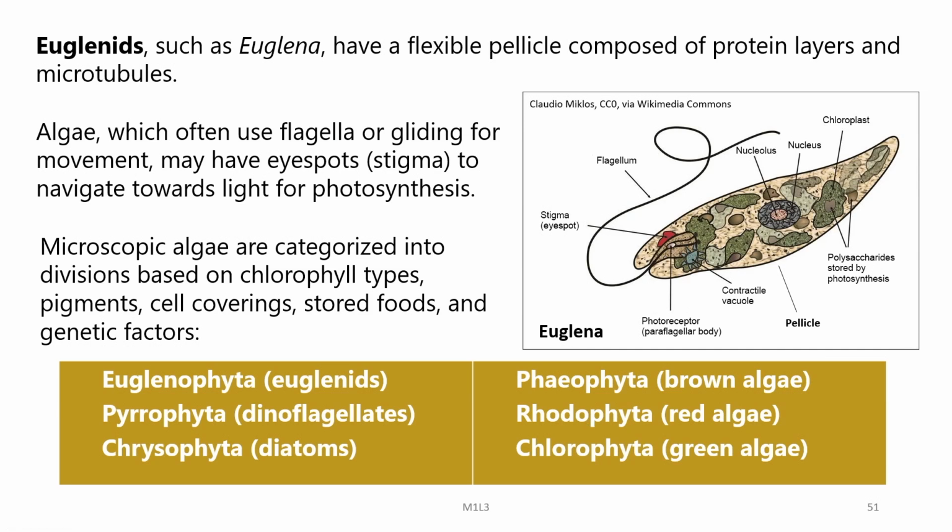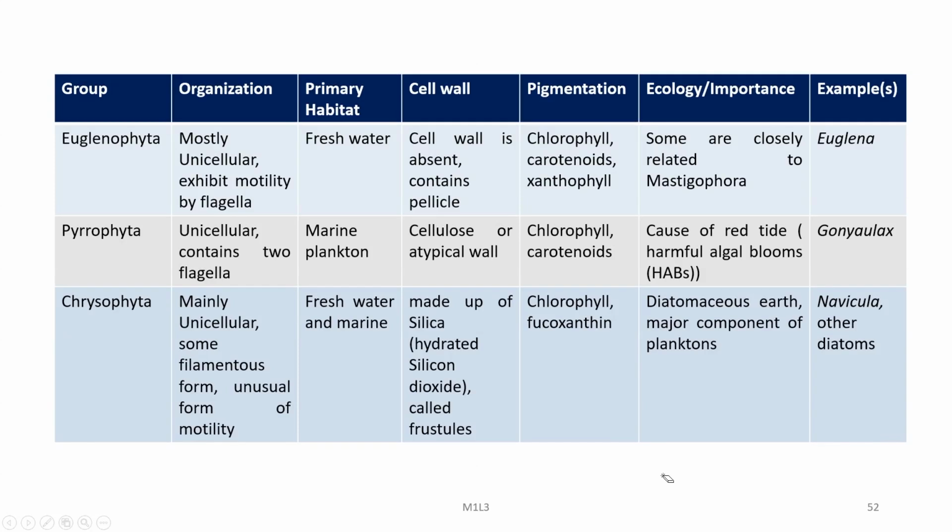Microscopic algae are categorized into divisions based on chlorophyll types, pigments, cell coverings, stored food and genetic factors. So, they may be classified as Euglenophyta, Pyrophyta, Chrysophyta, Phaeophyta, Rhodophyta and Chlorophyta.